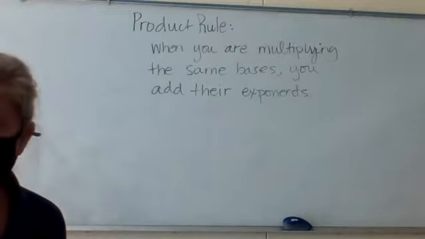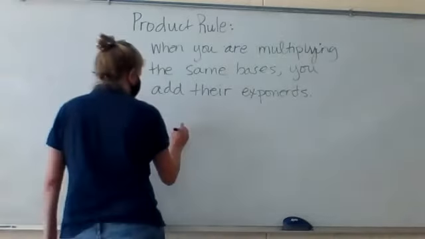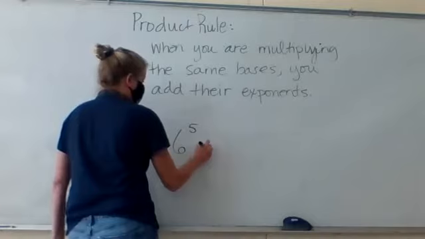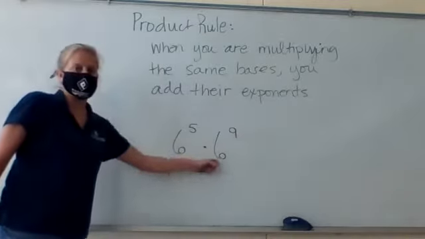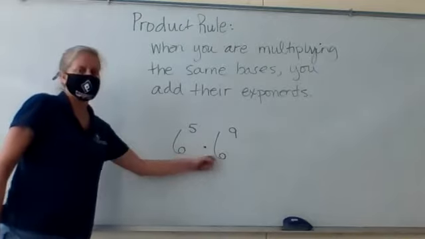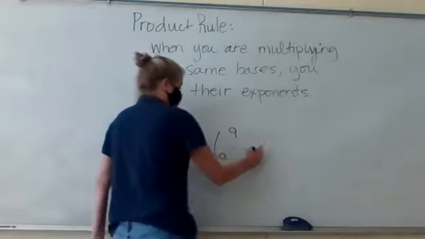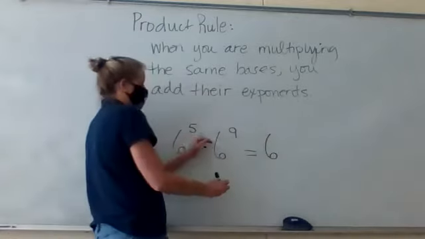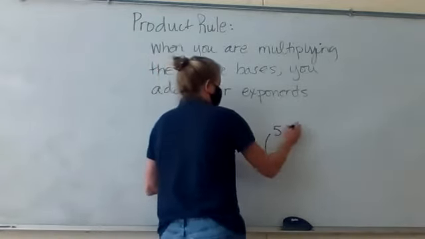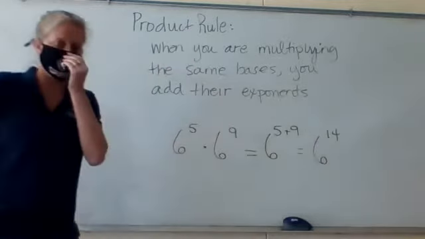So for instance, on number 3, it says 6 to the 5th times 6 to the 9th. Remember what your bases are. I have the same bases. I can simplify this by putting my base together and adding their exponents. So 5 plus 9 gives me 6 to the 14th power.